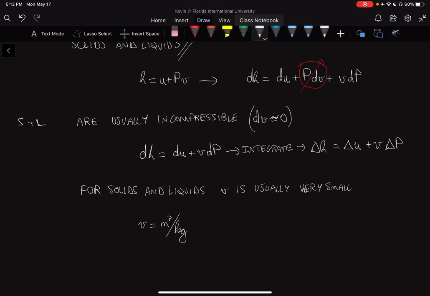So for the interest of the equation and the interest of solids and liquids, we can solve our problem and say, let's make this close enough to 0 that we can get rid of it. And what that means is that dH is actually equal to du for solids and liquids.